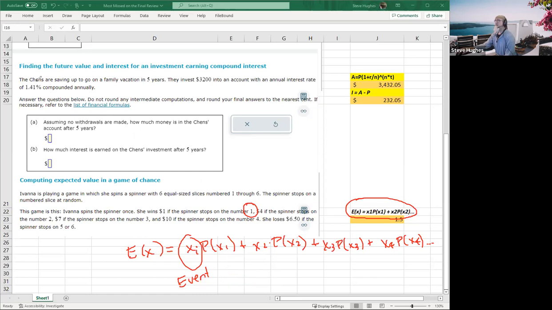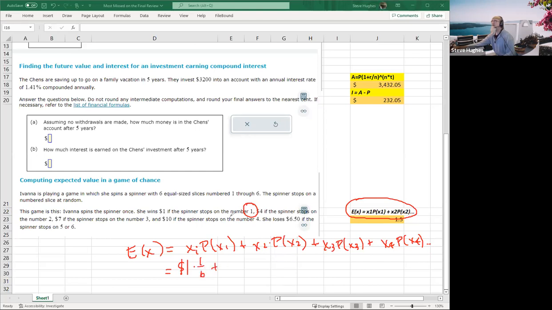All right, let's go back here for just a second. If she rolls a one, she wins $1, so $1 times the probability of landing on a one, which is 1/6.